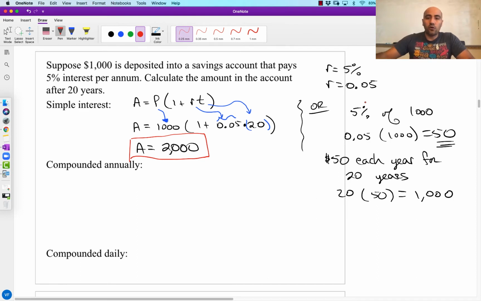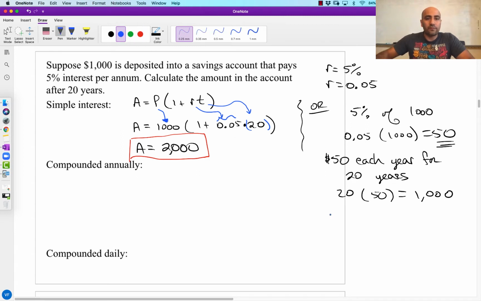So in simple interest, each year you were getting $50. At the end of 1 year, your account had $1,050. At the end of 2 years, you would have $1,100. Whereas with compound interest, things start improving at the second year.